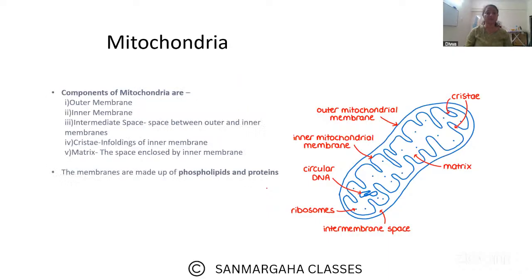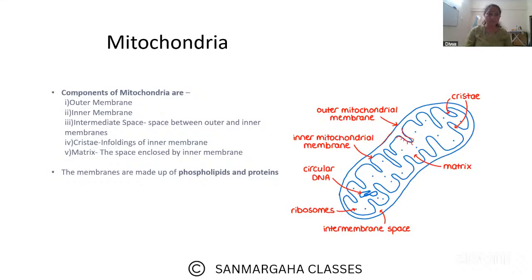Okay, so what are the components? It is made up of an outer membrane, okay, and the inner membrane is folded inwards to increase the space to have the Racker's particles on this. So there is an external particle found on this called Racker's particle, where energy is made.